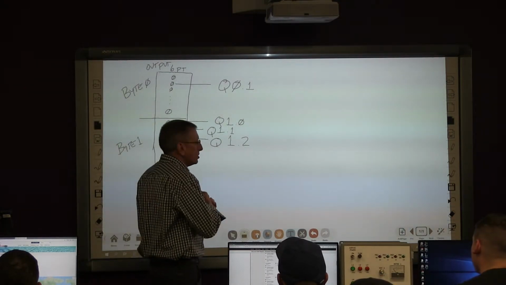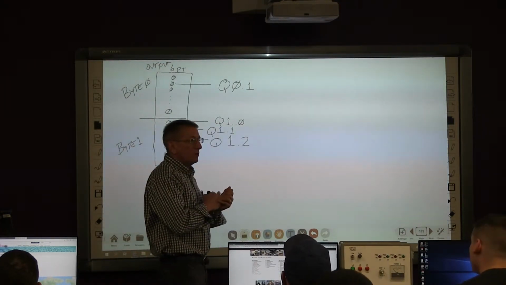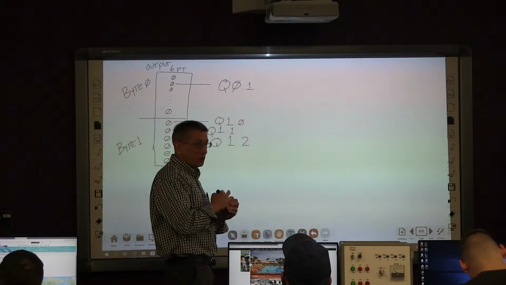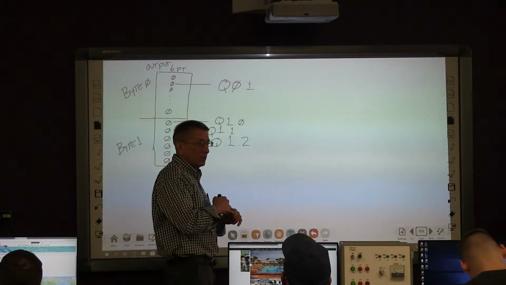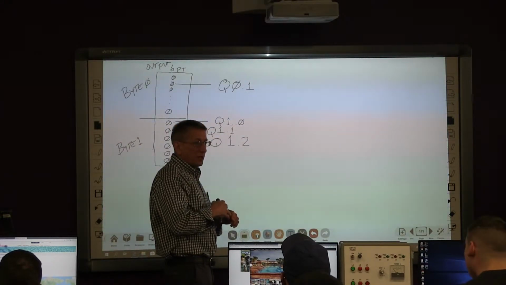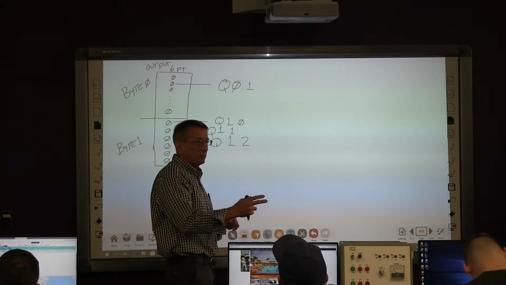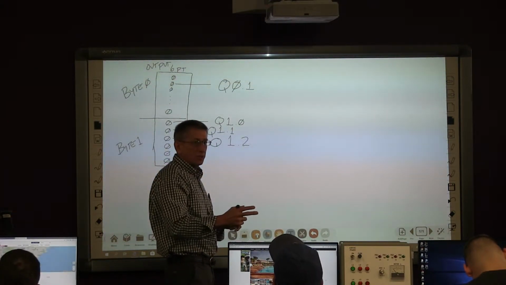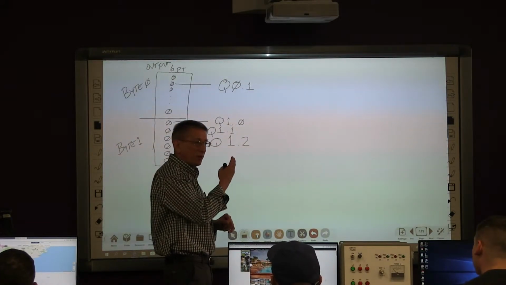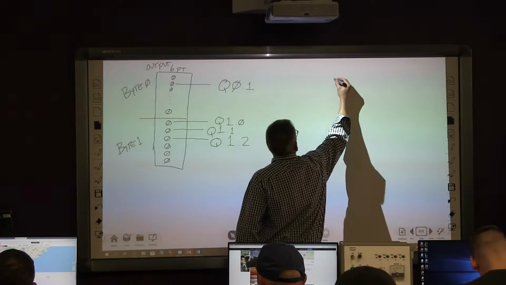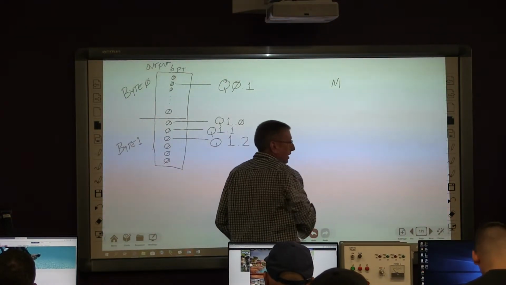Another thing with Siemens, do you remember the binary data file and an integer data file? They're basically just addresses that are in memory, right? They're not physical addresses. So to distinguish that in Siemens, they use the letter M as an address for memory.